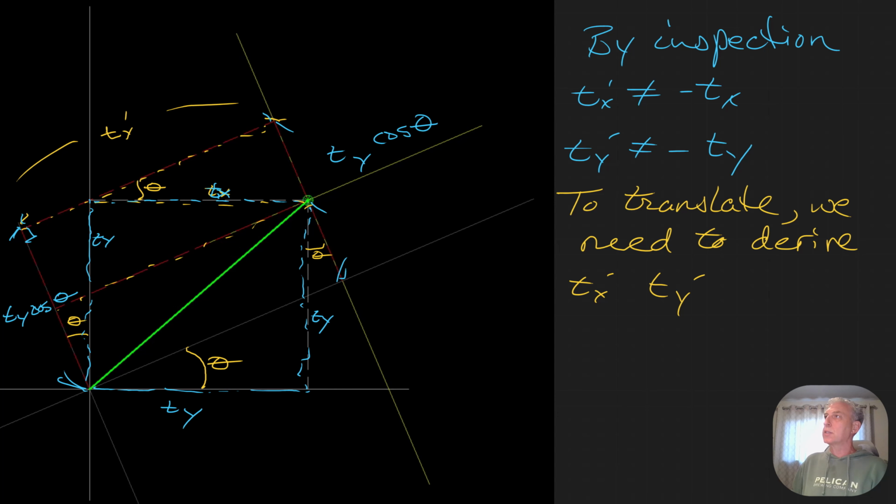If I treat this right triangle the same way, then this length is Tx adjacent, and adjacent is cosine, so that's Tx cos theta. And this would be Ty sine theta, because on this right triangle I have Ty for the hypotenuse.